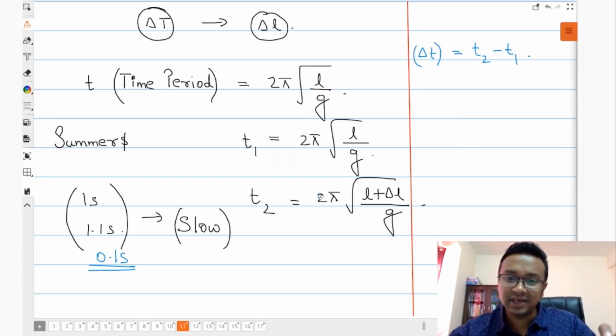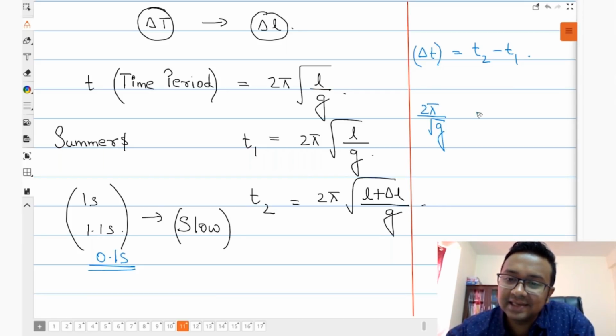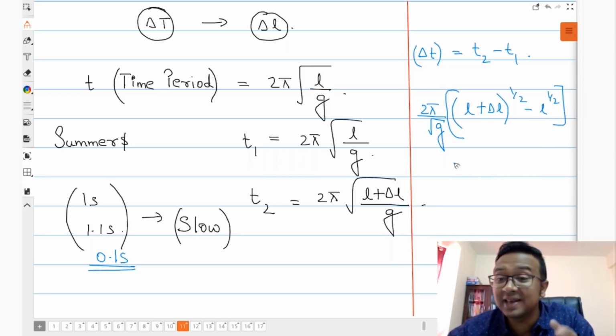So in one oscillation, it's going to lose 2 pi root of G remains as it is, here (L plus delta L) to the power 1 by 2 minus L to the power 1 by 2. Clear? So this is the time lost.